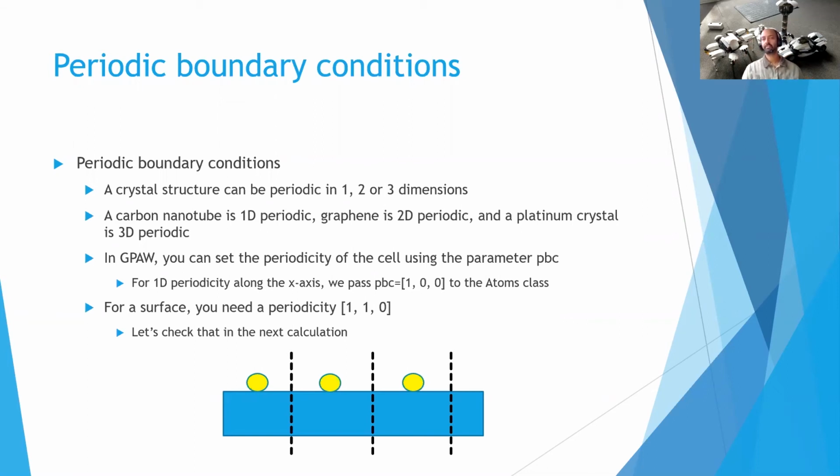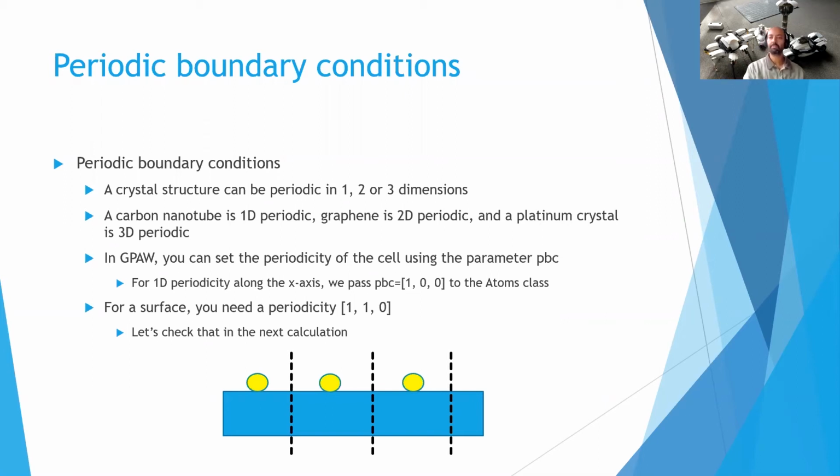But if you want to represent, for example, diamond, diamond is a crystal, right? So the unit cell of diamond has 8 atoms, just 8 atoms, right? You want GPAW to look at it as an infinite number of those 8 atoms repeated in all directions. So periodicity has 3 directions, the X and Y and the Z, right? If the system is periodic in 3 dimensions, like diamond, then it's 3D periodic.